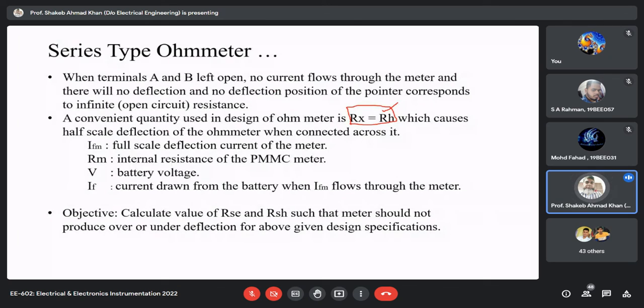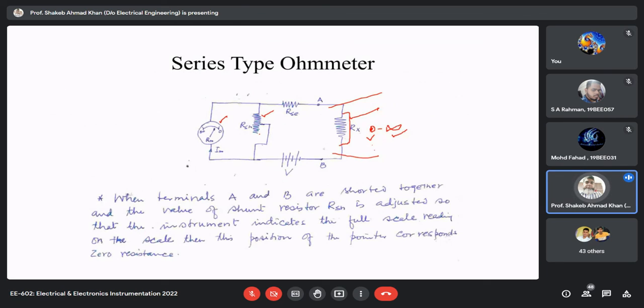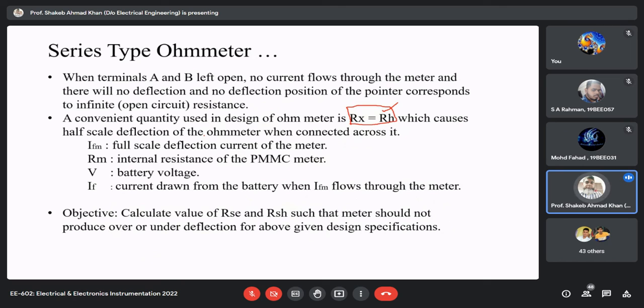Range has no meaning here, because your highest value is infinite. So generally you will find half scale deflection values given. This defines the range. If Rx is equal to RH, this resistance causes half scale deflection of the ohmmeter when connected across it.